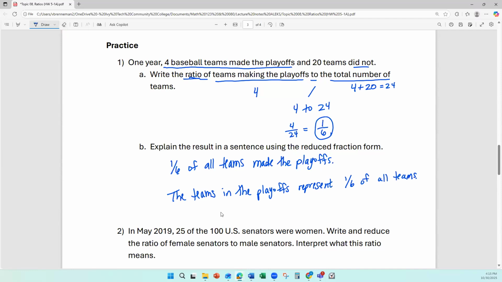Again, the key information is that we're looking at 1/6 of all the teams being those in the playoffs in some form.